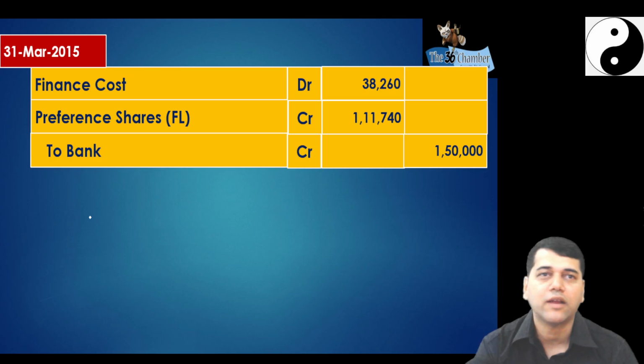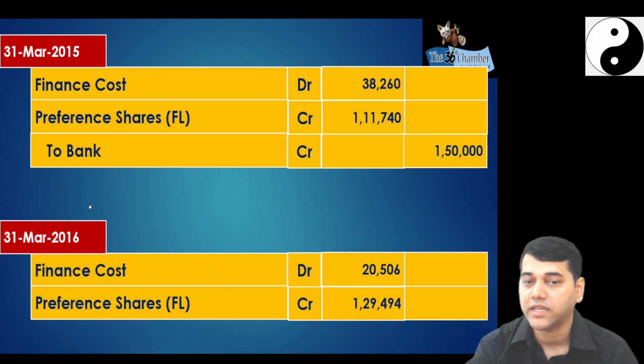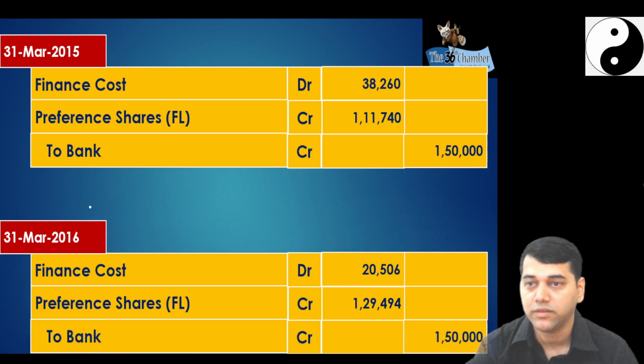Now, what is the accounting entry you have passed last year on the date of conversion? Equity component account debit to equity share capital. Okay, so this is my 5th year, one more entry, 2016.